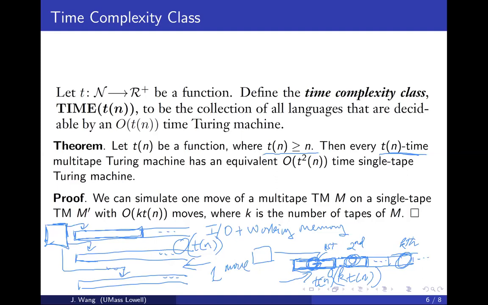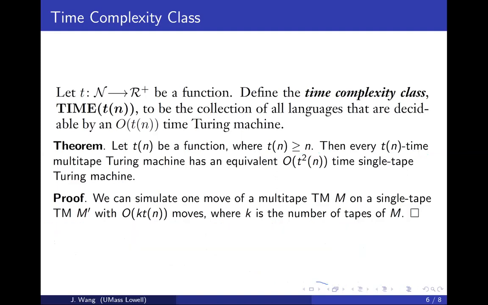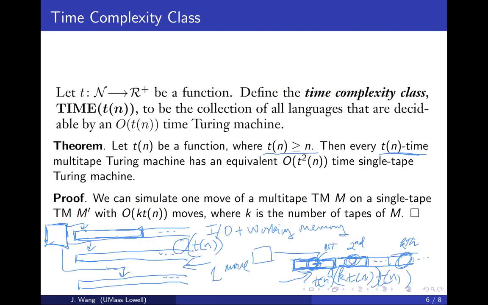But then the total runtime of this k-tape Turing machine takes t of n. So then you use one tape, so that is k times t of n times t of n, which is big O of t squared of n.